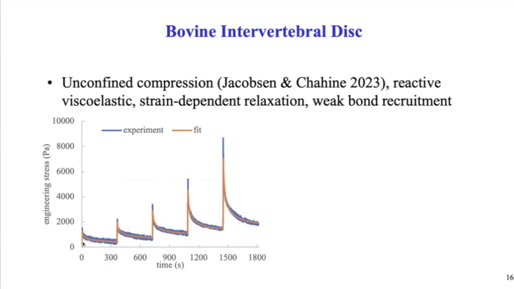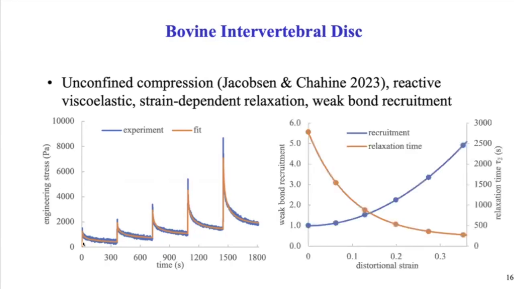Basically, in her case, we had to have both bond recruitment and strain-dependent permeability. The bond recruitment is shown with the blue curve here. Initially, the weak bonds have a ratio of 1, but with increasing strain, the weak bonds increase by a factor of 5. There are 5 times more weak bonds, so you can capture this higher peak.